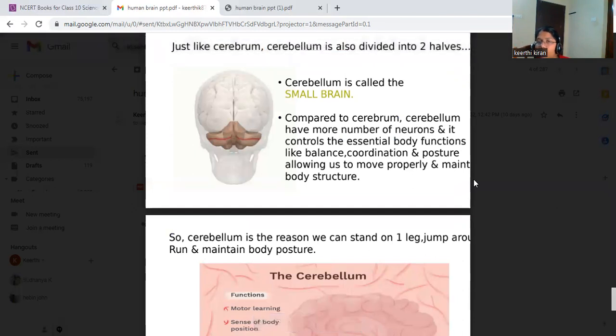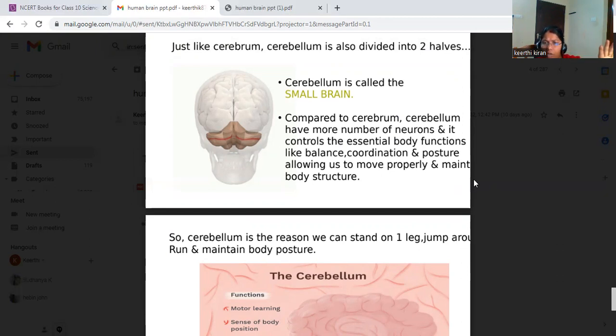Compared to the cerebrum, the cerebellum has a greater number of neurons, and it controls essential body functions like balance, coordination, and posture. Some people will stand on one leg, some people will run very fast or jump, and they can do sports like javelin throw.